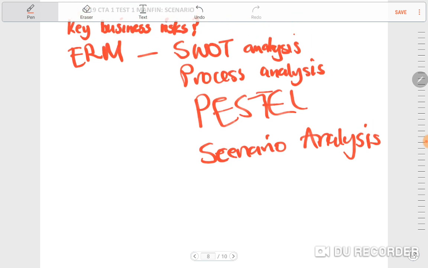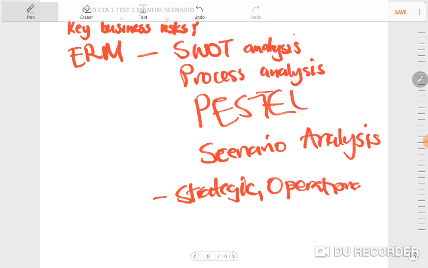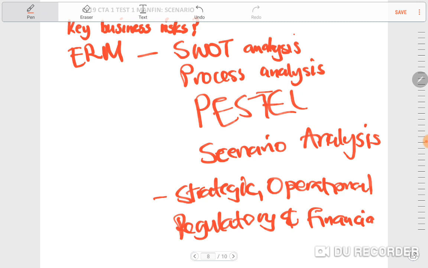Going to also discuss further, you could have used the quadrants of the enterprise risk management, which further divide or classify risks into strategic, operational, regulatory, and financial risks.